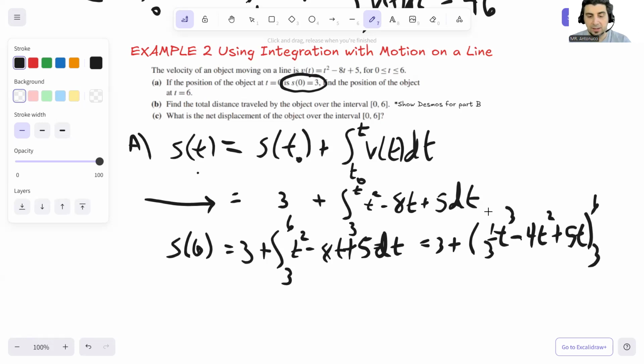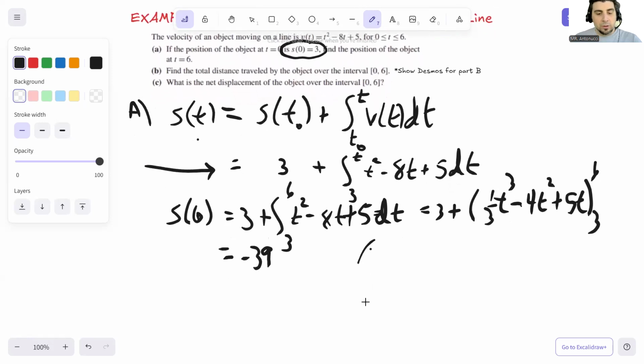And then we're going to subtract, and all of that would boil down to negative 39. So at time t equals 6, the object is at negative 39 units, whatever the units would be in this case. All right, so for part B, we want to find the total distance traveled over this interval.